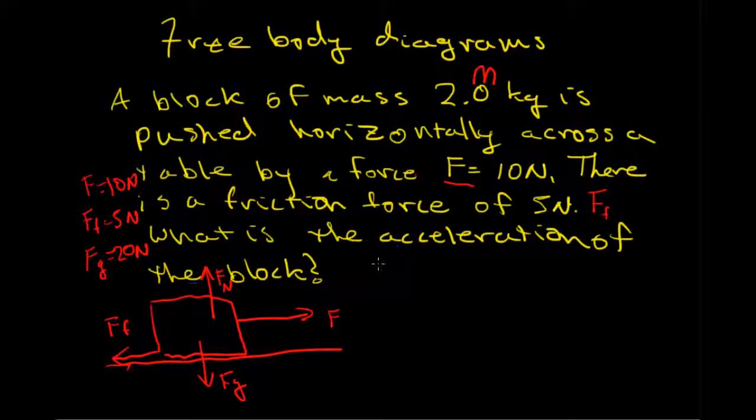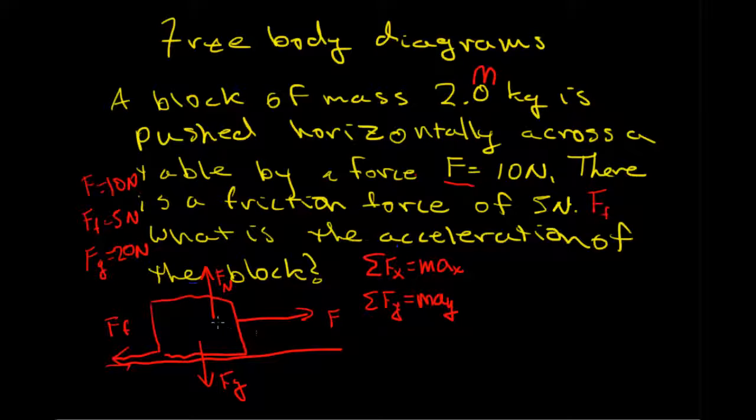Our goal is to solve for the acceleration. We know it's going to come from our Newton's law equations: the sum of the forces in the x direction equals m a sub x, and the sum of the forces in the y direction equals m a sub y.